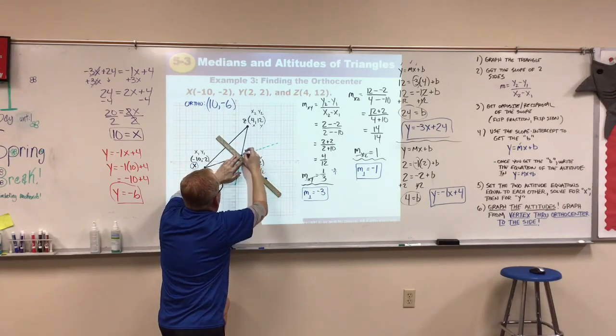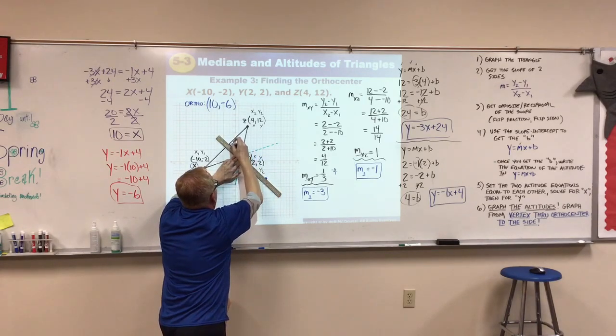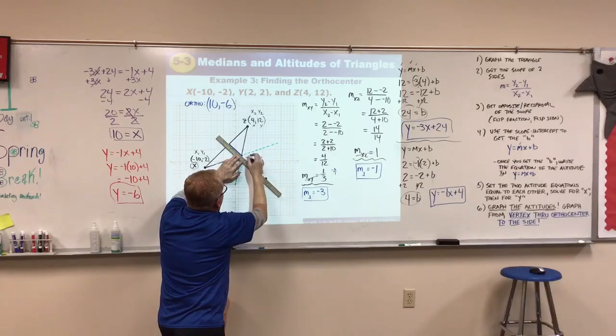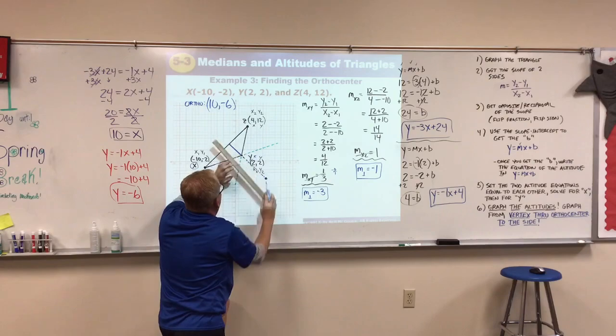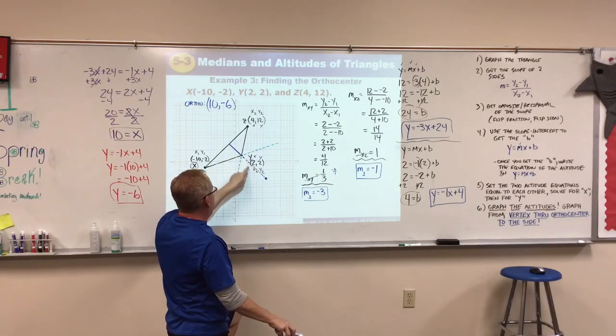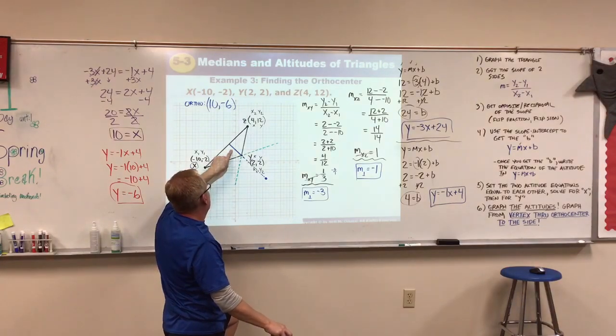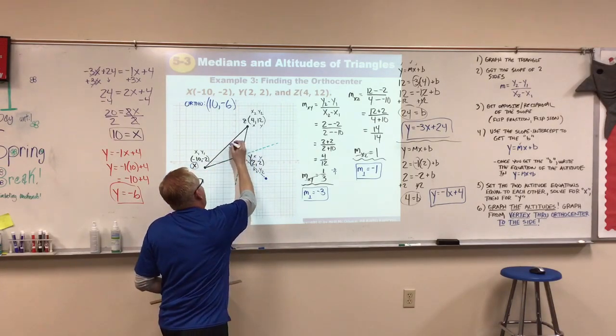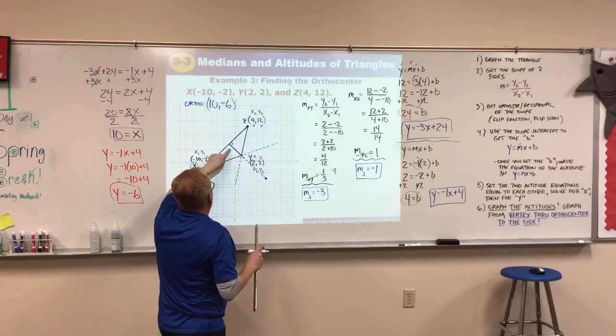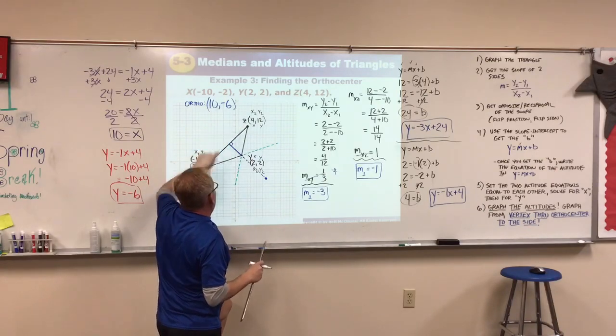So once I get this lined up, this becomes a solid line, but then you're going to continue with the dashed line all the way down to the orthocenter, for reference. You do not make this a solid line, because the solid line represents the altitude. So this is the altitude. That is the altitude from base xz.